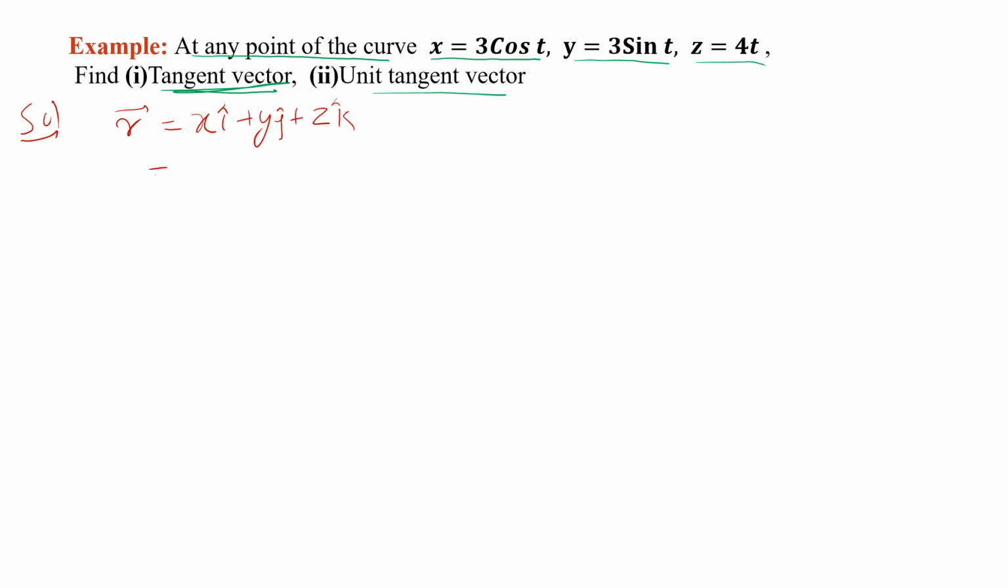Now we have 3 cos t i plus 3 sin t j plus 4t k. That is the vector function.